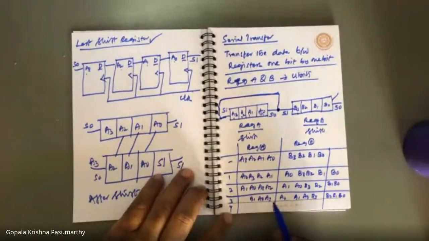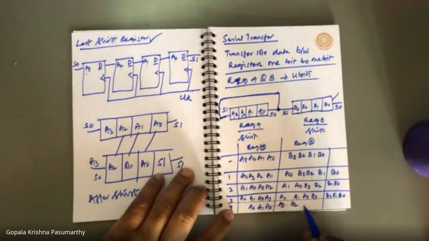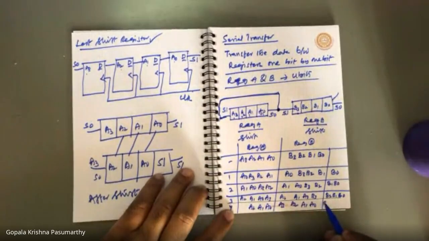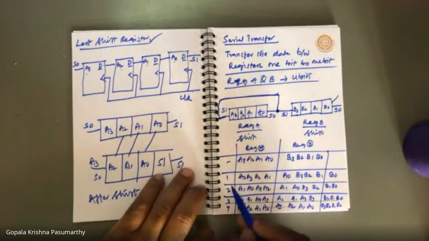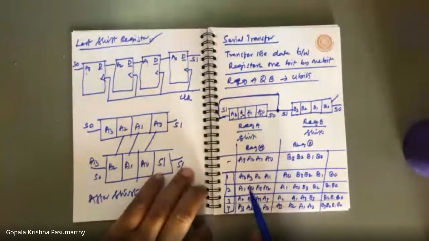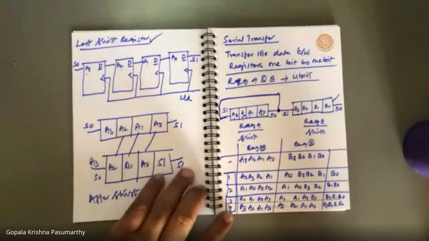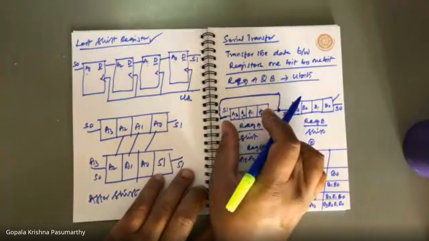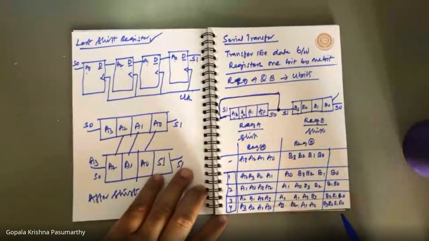A2 also comes and joins here, and this A3 comes and joins at the back. See, after 4 clock pulses, both registers become A3, A2, A1, A0, A3, A2, A1, A0. What did we do? We have copied the contents of register A into register B. This is how it happened.